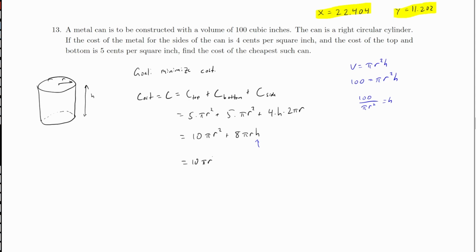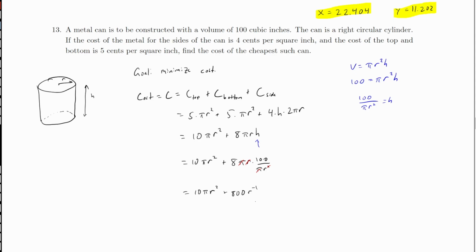So we have 10 pi r squared plus 8 pi r times 100 over pi r squared. And let's simplify a little bit. Pi's cancel. One of the r's cancels. So we get 10 pi r squared plus 800, and I'm dividing by r, I'll write that as r to the negative 1.